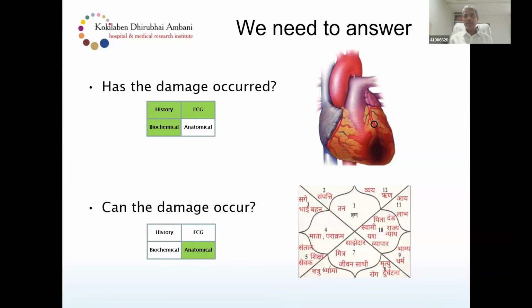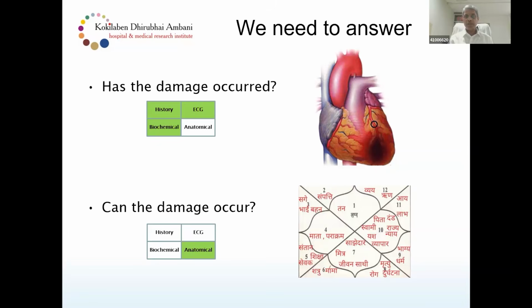For that, we need an anatomical or a functional imaging of the heart. I am not focusing on functional testing right now, because that involves stress echo, technetium scan and PET scan, which are not very practical and not very prevalent. So we'll stick to CT coronary angiography as an anatomical test. And there is a new advancement in that, which I'll talk about in the end.